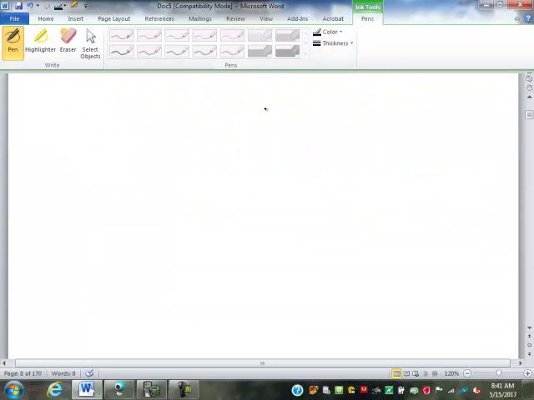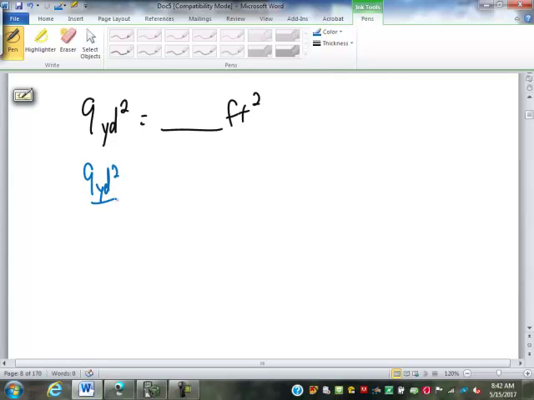A little bit trickier is if we had units of area or volume. If I had 9 square yards and I want to convert it into square feet. So my 9 square yards over 1. Square yards are going to go on bottom, so they cancel out.